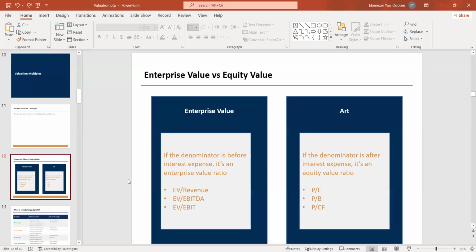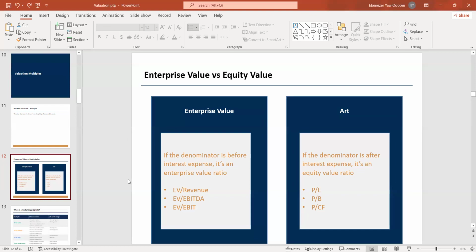Now, what we say is that if you are calculating an EV multiple, the denominator is before the interest expense, which sometimes for some companies they will reference as finance cost. If it's before that, then we say it's an enterprise value ratio.